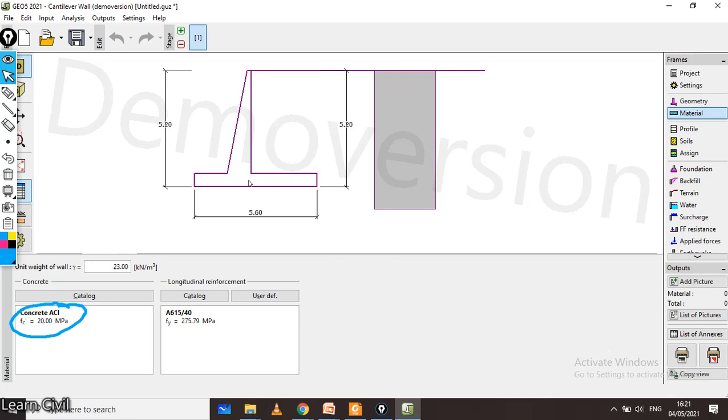Okay, so like this dimensioning is done, and the material will be providing 23 kilonewton per cubic meter as unit weight.